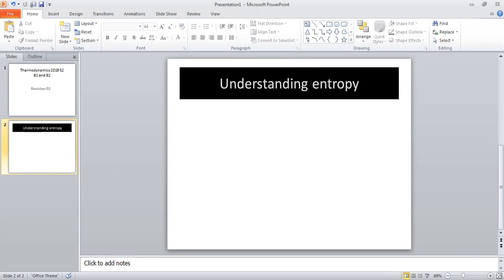I mean thermodynamics class. Understanding entropy. So under understanding entropy, there are several things we should know.